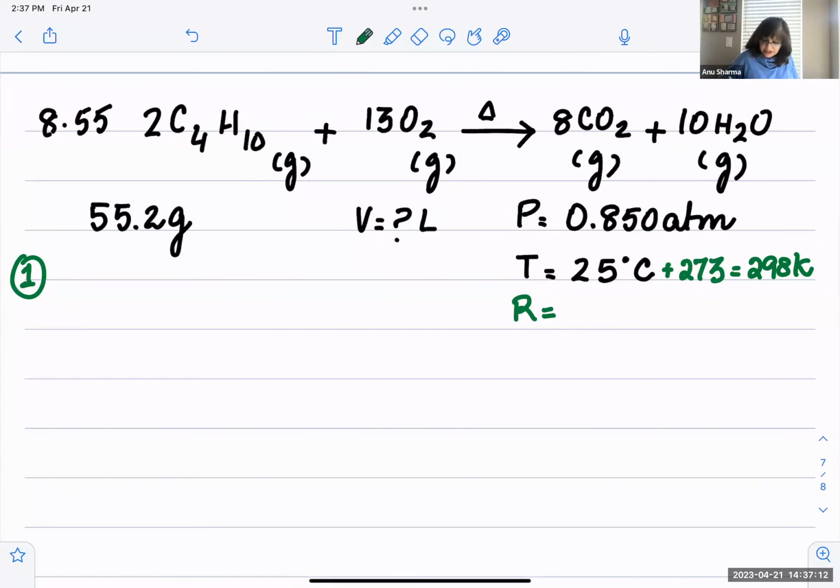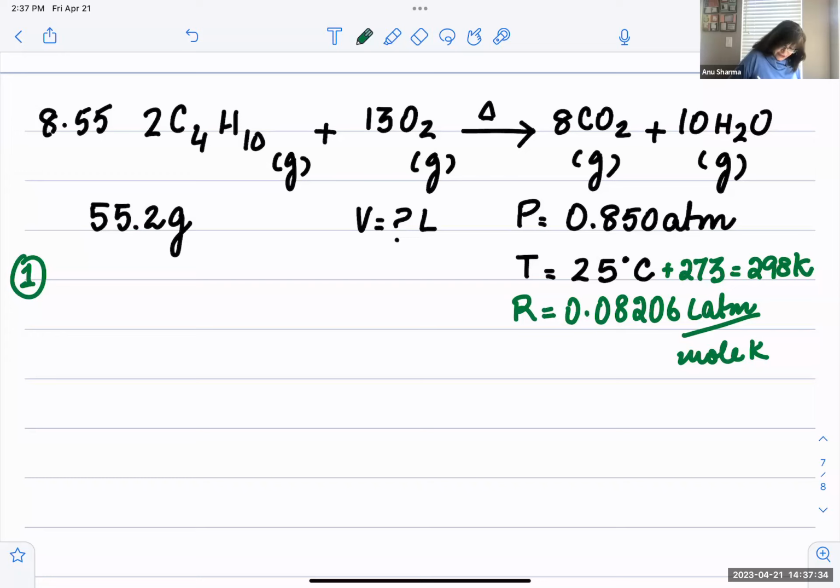Because the pressure is in atm, we are going to use 0.08206 liter atmosphere, excuse me, per mole K. All right, atm is given, pressure. Volume, liters, we need to find. And the grams of the butane is given.